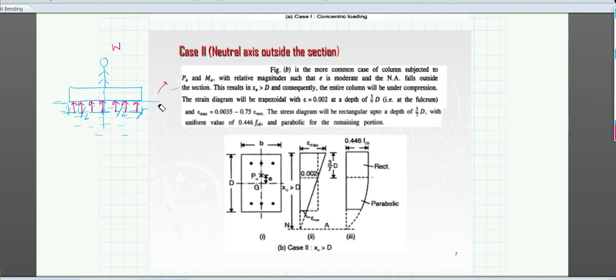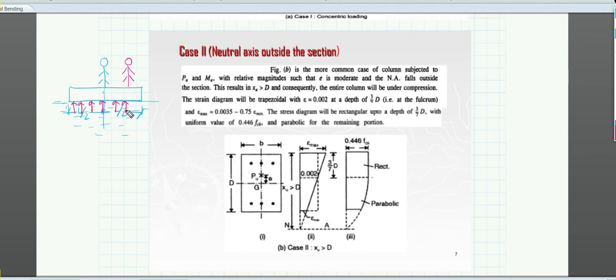But now suppose you are over here. Now what will happen? The stress distribution will not be rectangular.